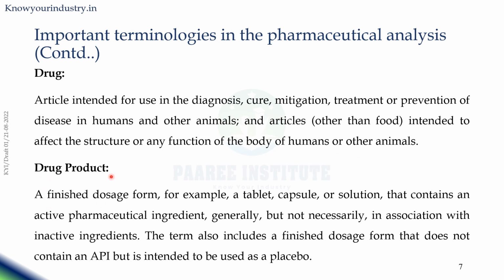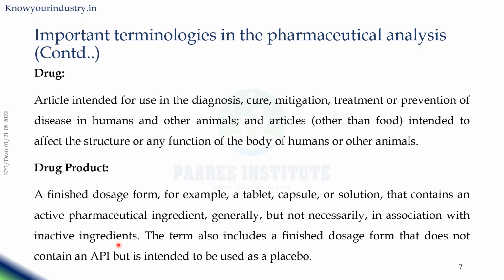Now what is a drug product? It is a finished dosage form, for example a tablet, capsule or a solution, that contains an active pharmaceutical ingredient, generally but not necessarily in association with inactive ingredients. For example, the paracetamol tablet will have the active pharmaceutical ingredient paracetamol and also contains lactose, magnesium stearate, polyvinyl pyrrolidone, etc., which are inactive ingredients used to bring the paracetamol into a tablet form.